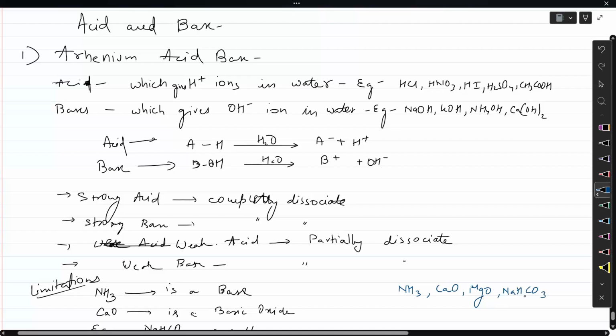NaHCO3, CuOHCl. Write these as limitations.